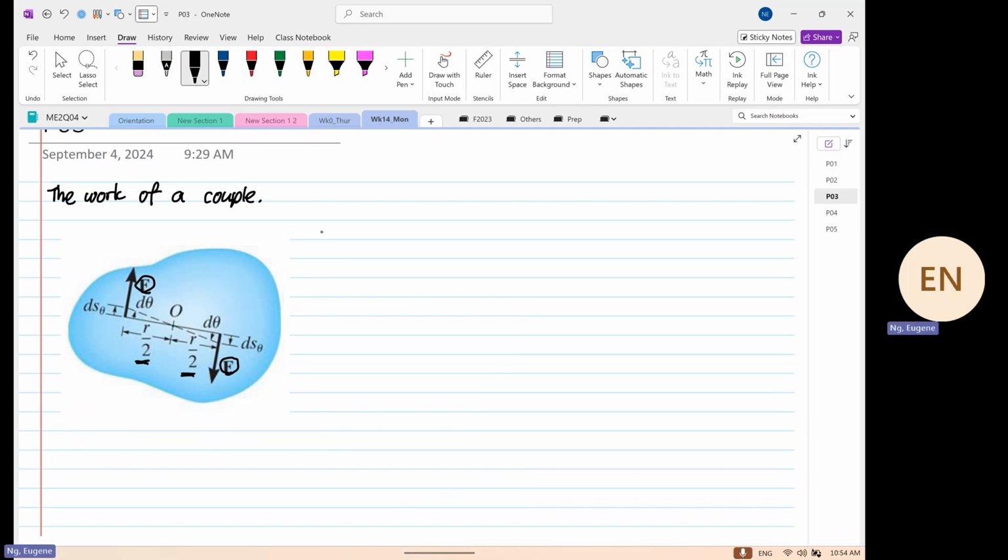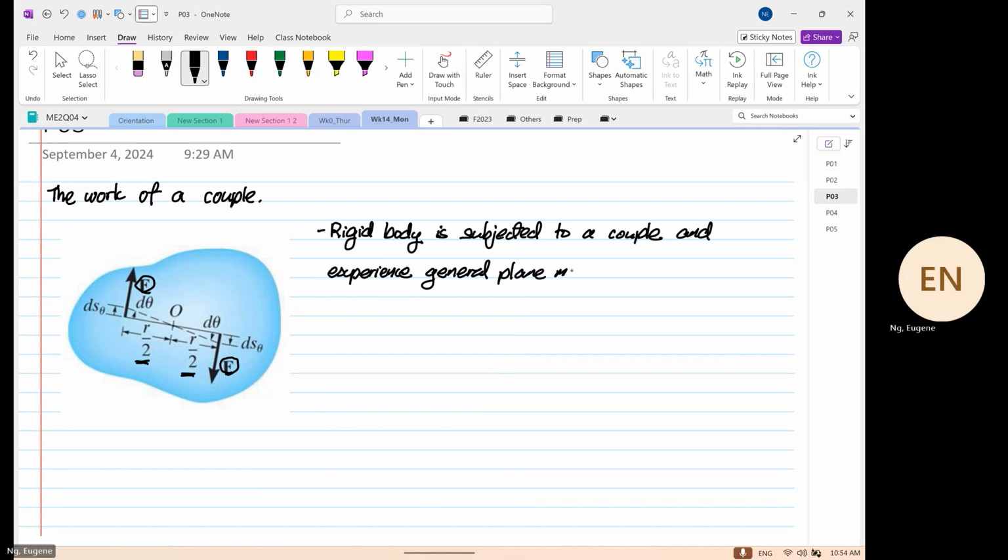So for this case, the rigid body is subjected to a couple, and it experiences general plane motion. And the couple forces do work.